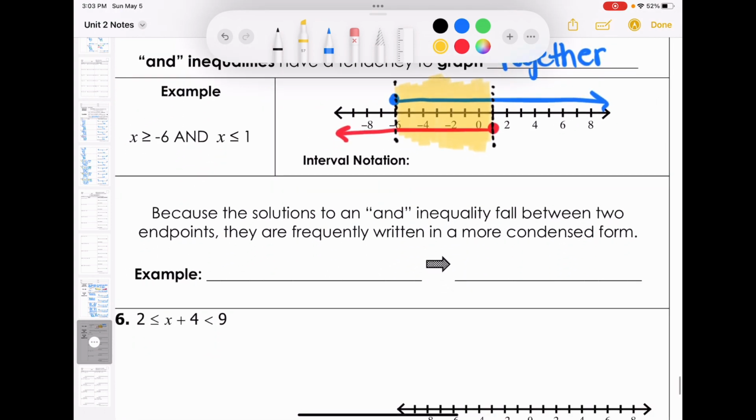So, because the solutions to an and inequality fall in between two endpoints, they are frequently written in a more condensed form. So, instead of writing our inequalities like this, which is the way that it showed us in that example, we're going to write our inequalities like this.